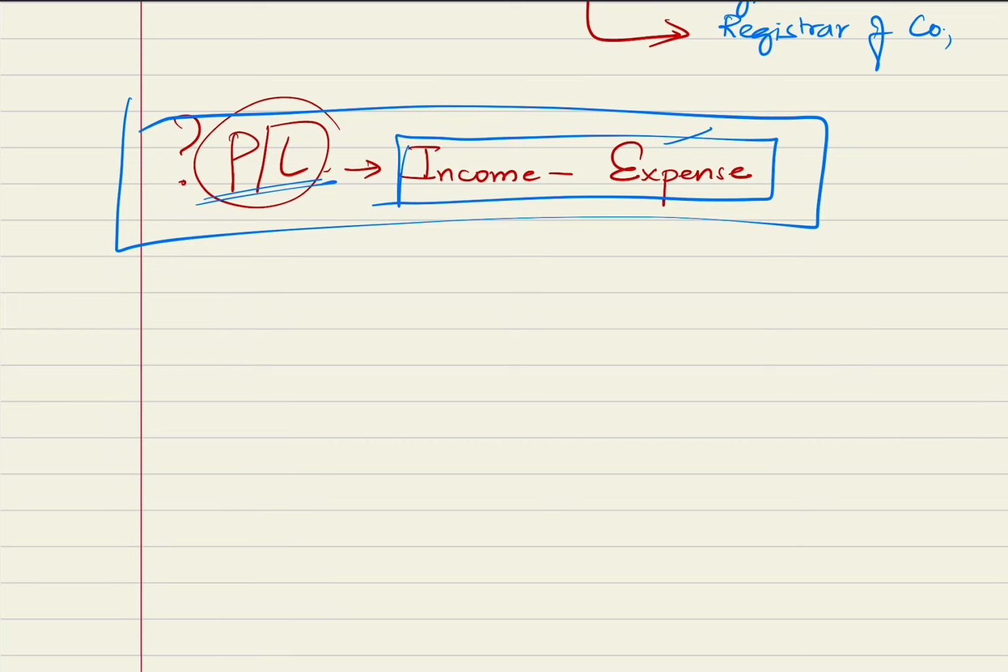What is the formula? Income minus expense equals profit or loss, right? So we will first note down whatever income the business can earn. What are the types of income a business or a joint stock company can earn?